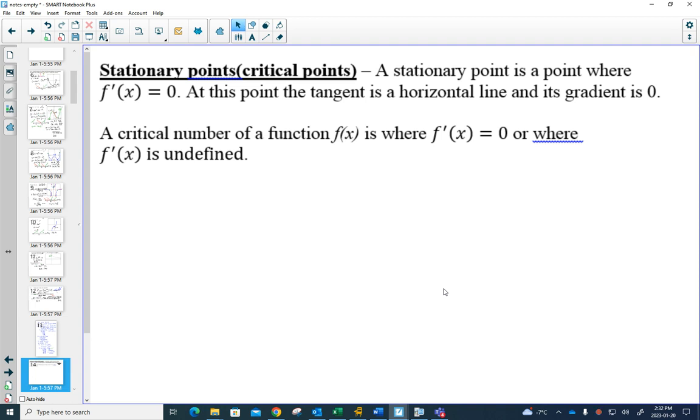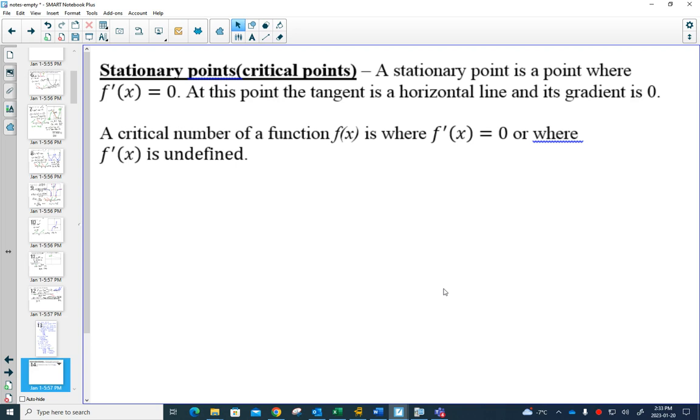Because it was going up, had to stop, and then went down. And so at a brief moment, it was stationary or not moving. So that's maybe a little bit where that word comes from. So anytime your derivative is equal to 0, you have a horizontal tangent line, we call that a stationary point.